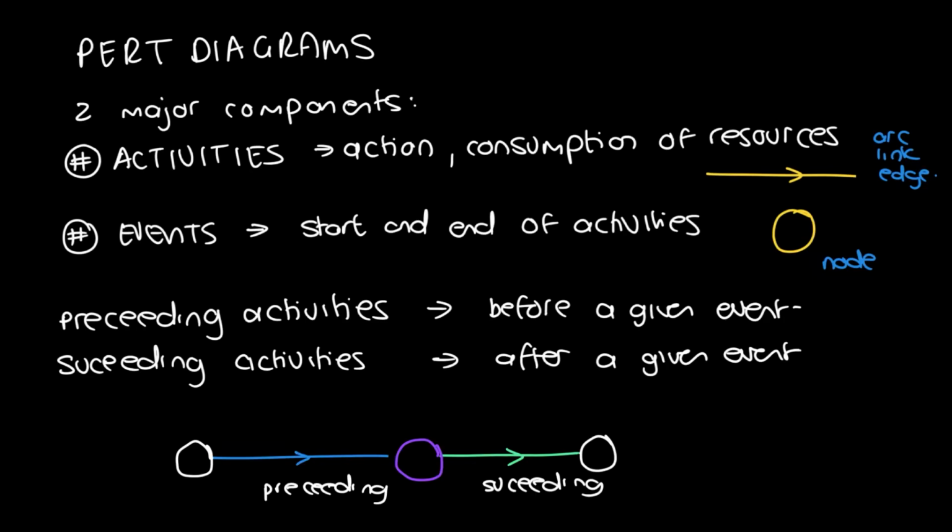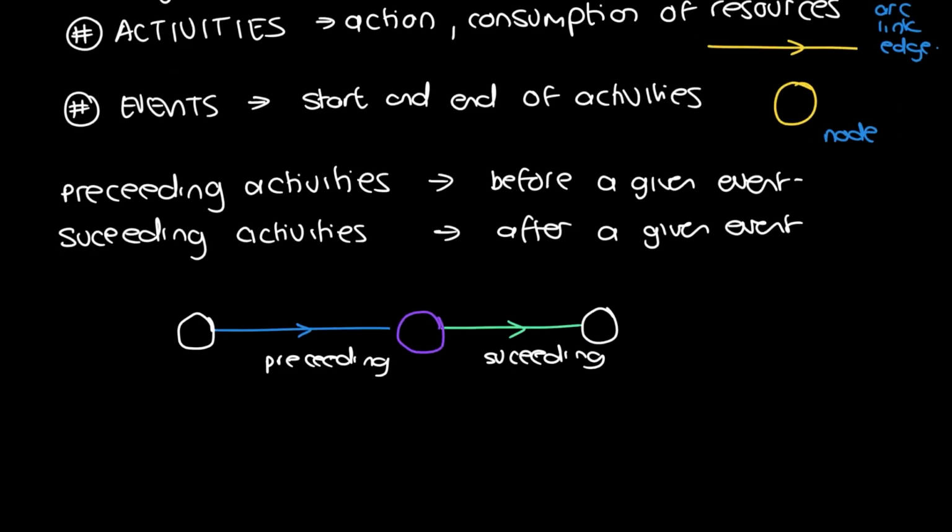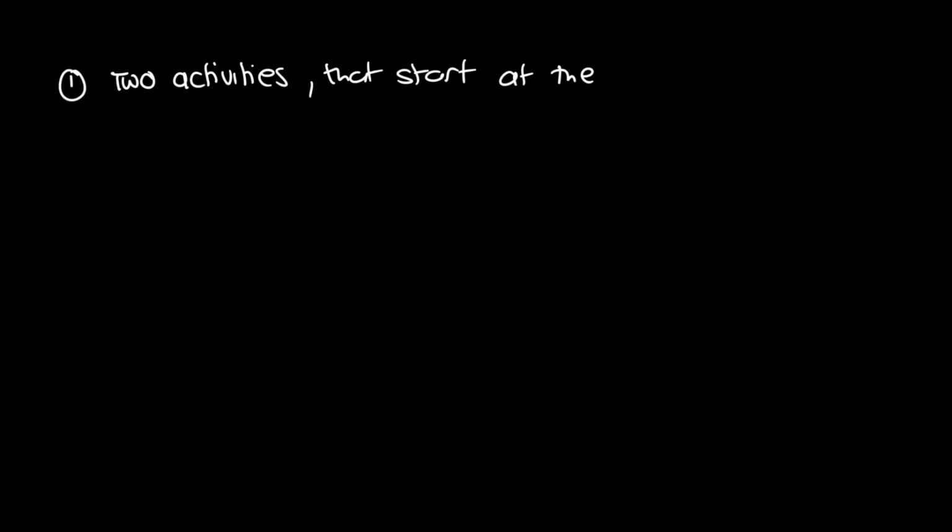Now, there are going to be a few other rules connected to the drawing of your activities and your events. So let's just discuss them a little bit. And to do that, we're just going to have to move our screen up a bit. Okay, so the first rule we're going to look at is if we have two activities that start at the same event, we don't want them to end at the same event.